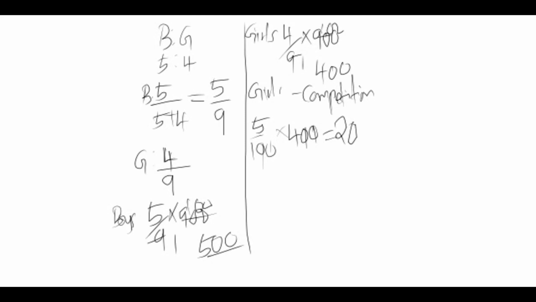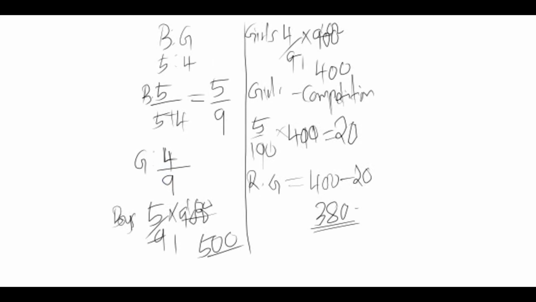So the remaining girls will be equal to 400 minus 20. So we have 380 girls. Then boys who went for competition, we have 2% of the boys. So the remaining girls in school are 380.